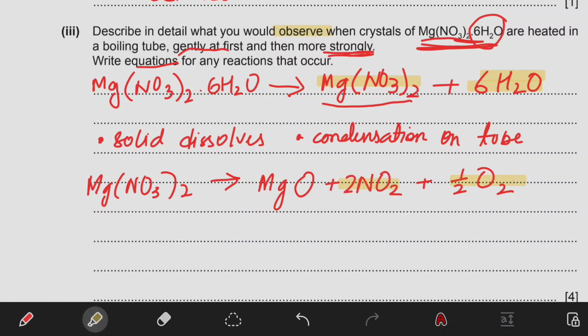So this is the second equation, and here it is very evident that there are 2 gases that are being formed, which give very distinct tests of their presence. NO2 is a brown colored gas, so you can say that brown fumes will be evolved.